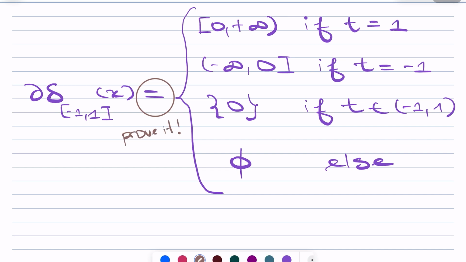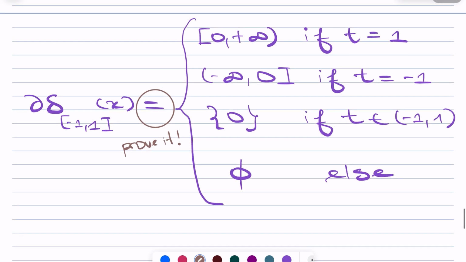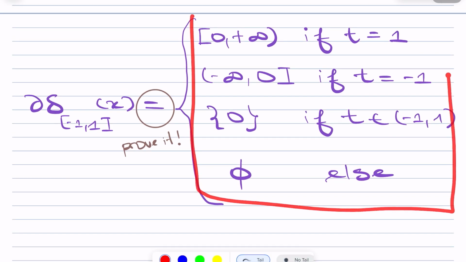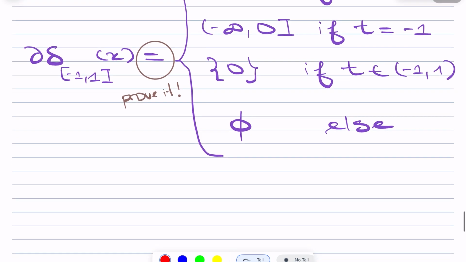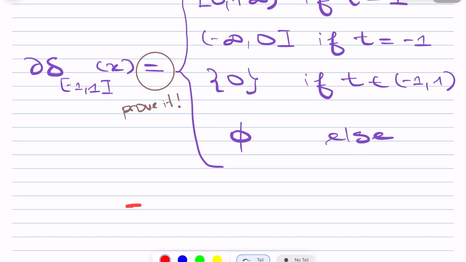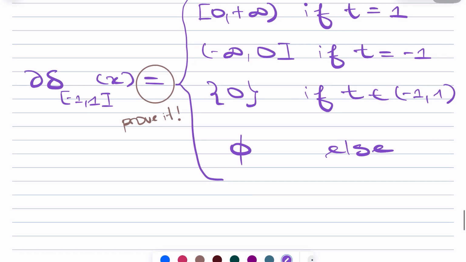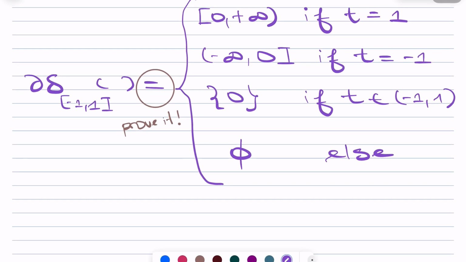And if you are familiar with nonlinear optimization, then you will probably recognize these conditions here as the complementarity condition for Lagrange multipliers, corresponding to the inequality that minus 1 is less or equal than T, which is less or equal than 1. Sorry, mistake, this is not X but T, because I used T all over in the other places.